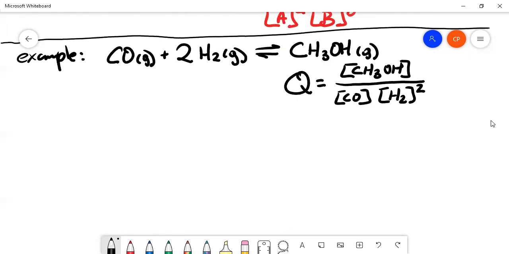If it happens to be an equilibrium constant, then I happen to be at the exact right conditions for equilibrium. Again, we'll address that more later. Okay, let's work out another example along these lines. Formation of ammonia gas from its elements. Classic example.